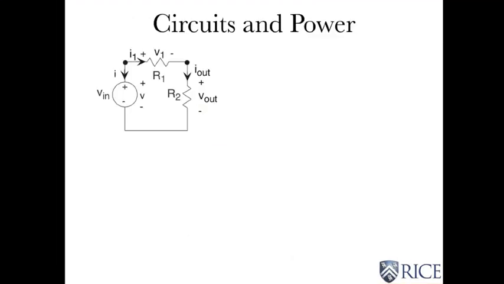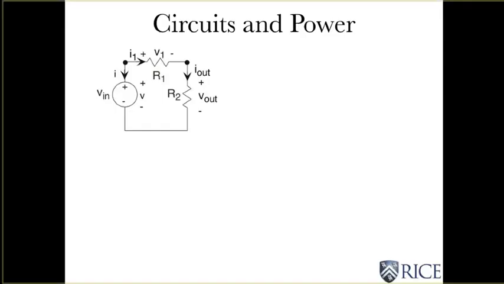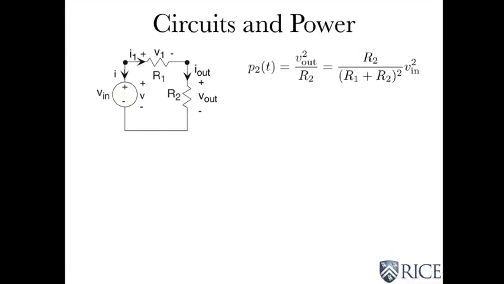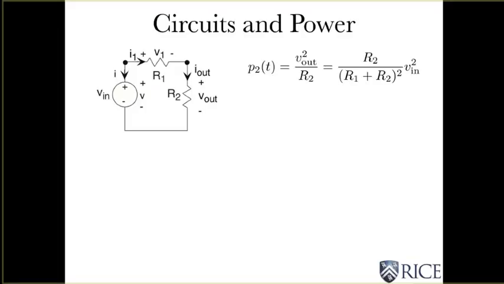So let's do a little power calculation. I'm very interested in what is consuming power and what is the source of the power that's being consumed. As we know, power for each element is the voltage times its current, and I want to consider that for each element. We know for a resistor that the power is the voltage squared divided by the resistance.